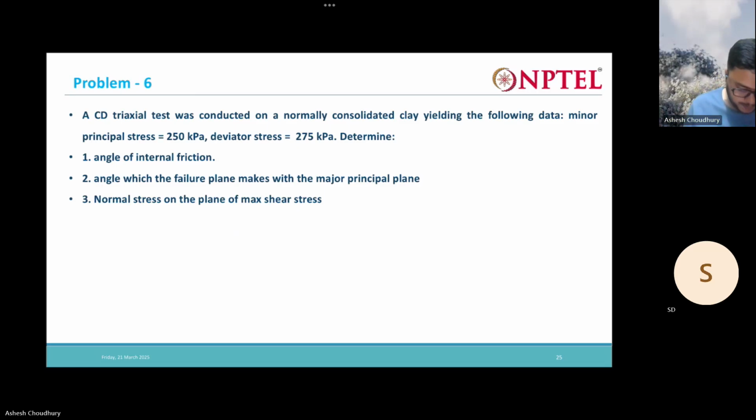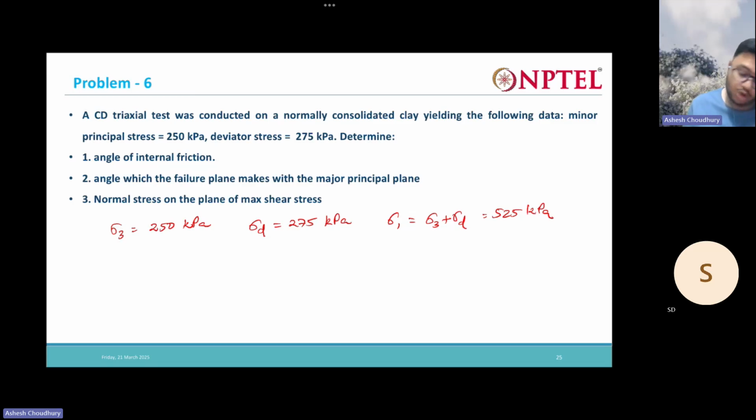So, a CD test on normally consolidated clay.